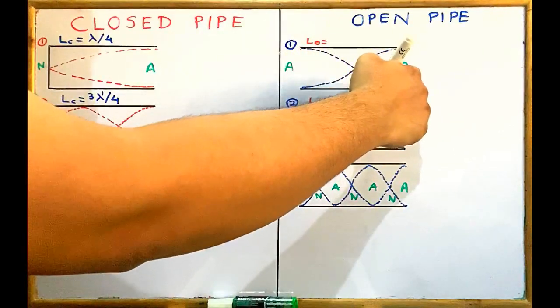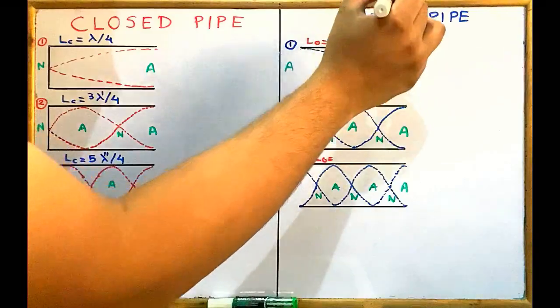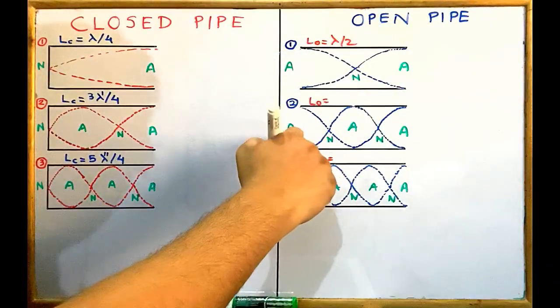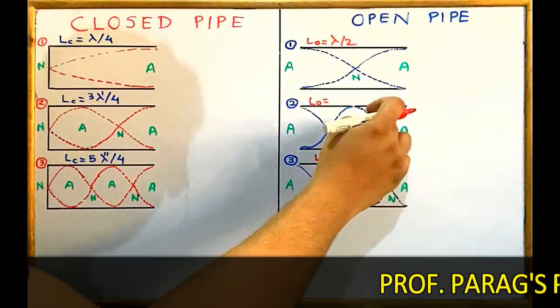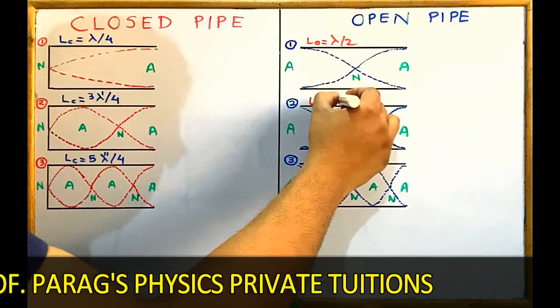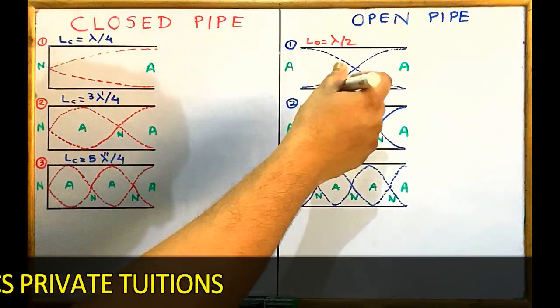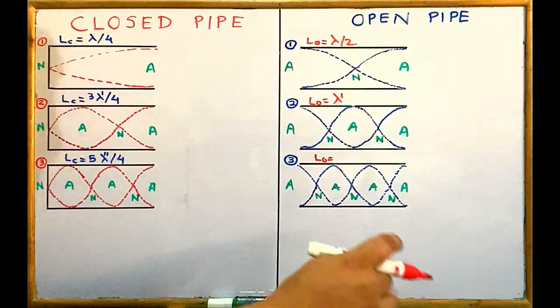Antinode to antinode, so that's obviously lambda by 2. Antinode to antinode is lambda by 2, and another antinode to antinode is another lambda by 2, so I get lambda. But again, I want to distinguish between the two wavelengths, so I'll call it as lambda dash.